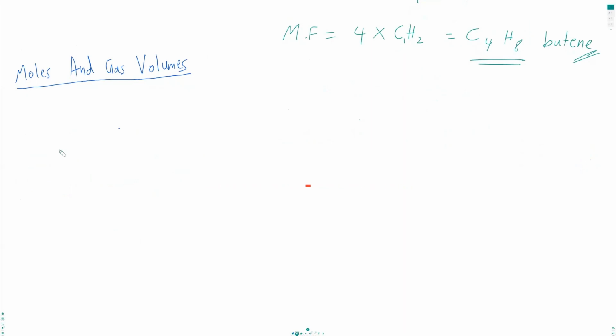In 1811, I'm just going to read off the textbook, the Italian Avogadro put forward one hypothesis, and this is now known as Avogadro's law, which stated that under the same conditions of temperature and pressure, one mole of any gas would fill the same volume of space. And now this is known as Avogadro's law.